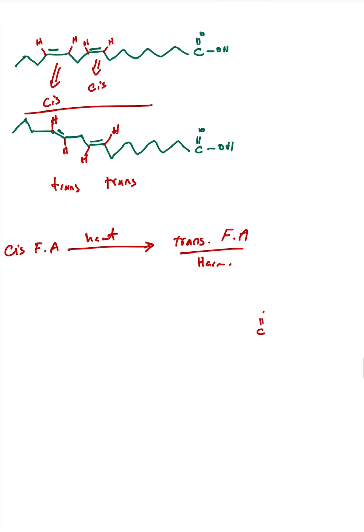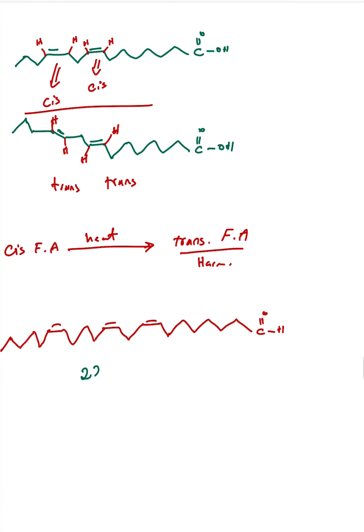For example, if I have a double bond here, this fatty acid has 22 carbons.